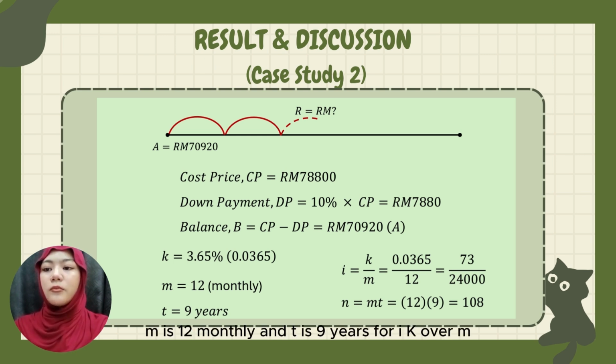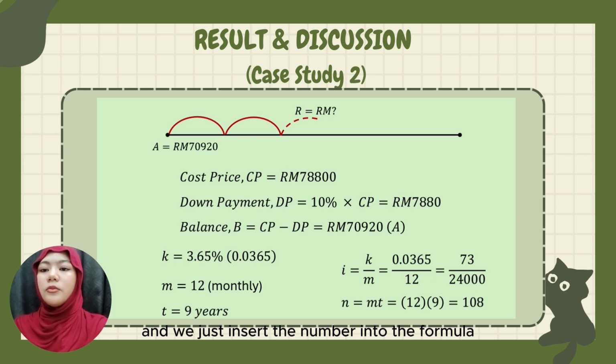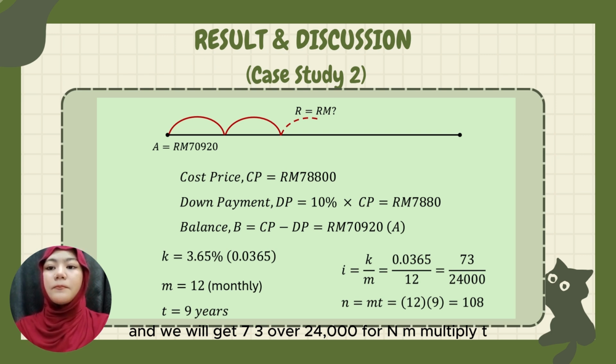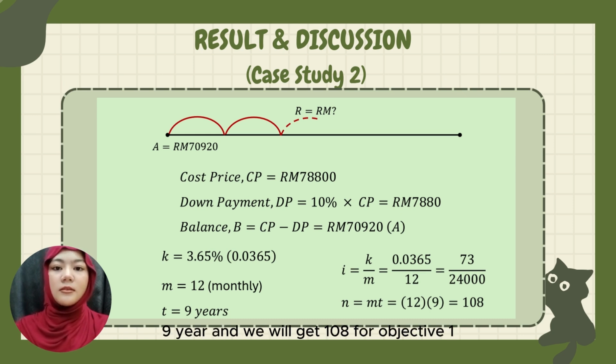M is 12 monthly and T is 9 years. For I, K over M, and we just insert the number into the formula, which is 0.0365 over 12, and we will get 73 over 24,000. For N, M multiply T, and same as before, we insert the numbers: 12 multiply 9 years, and we will get 108.